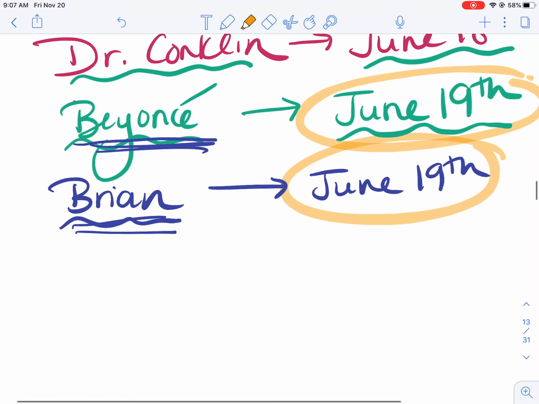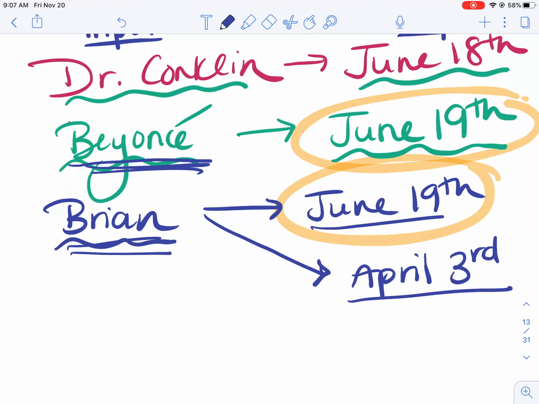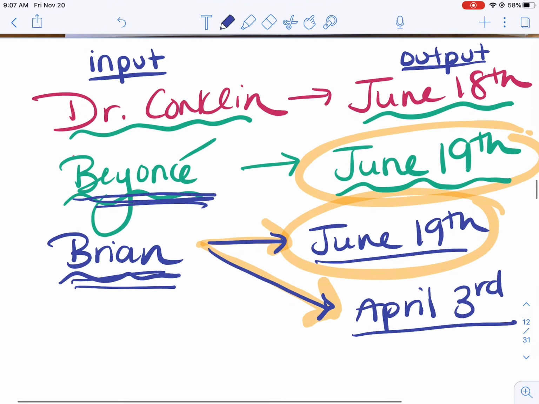Now, what if I also told you that Brian's birthday was April 3rd? Well, what's up with that? Are you allowed to have a birthday on two different dates? You cannot do that. You can't have one person whose birthday lands on two different dates. That's not possible. And that's the idea of a function.